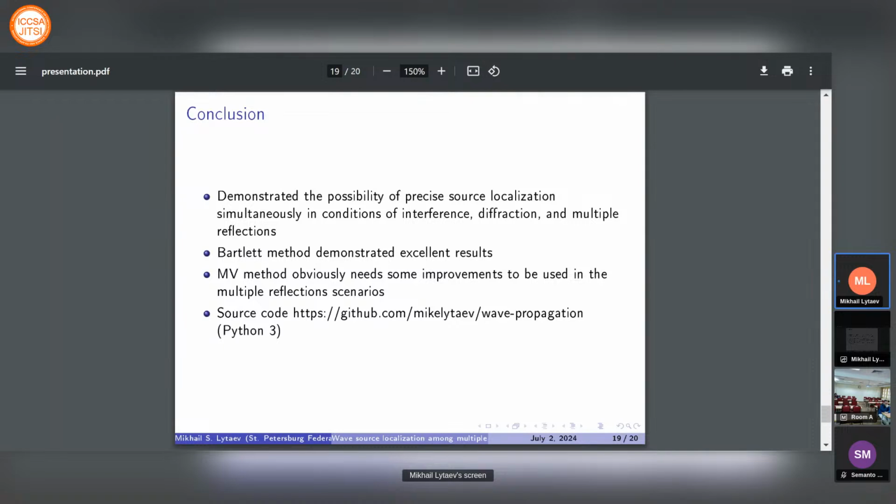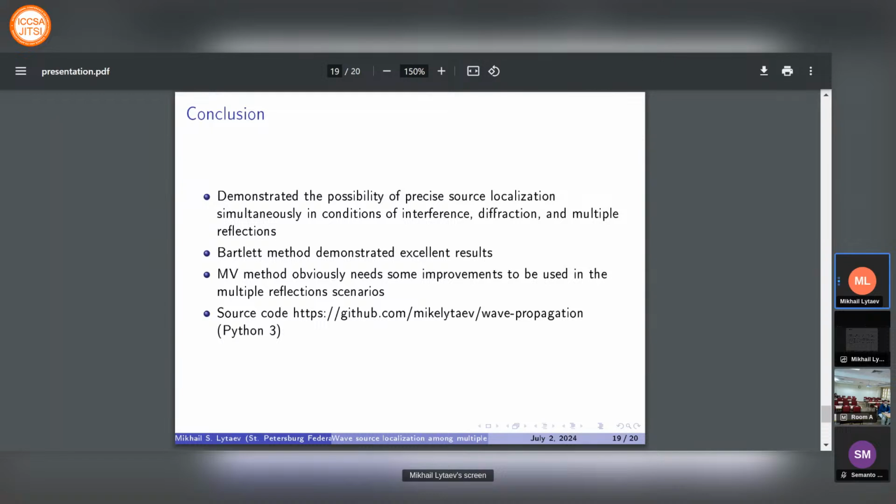It should be noted that the main aim of this work was to demonstrate the possibility of precise source location simultaneously in conditions of interference, diffraction, and multiple reflections, and this aim was achieved.